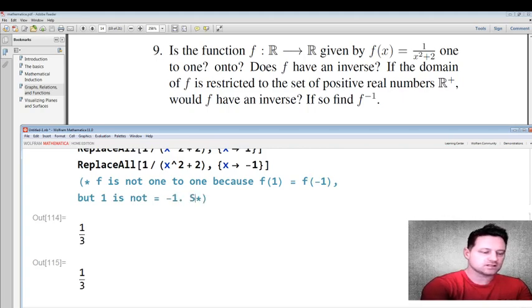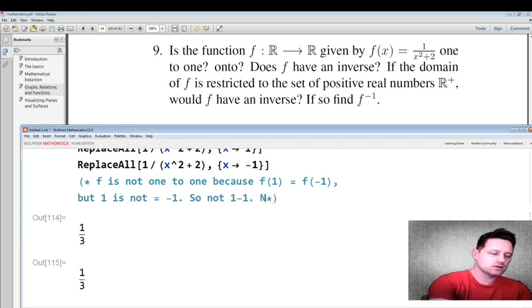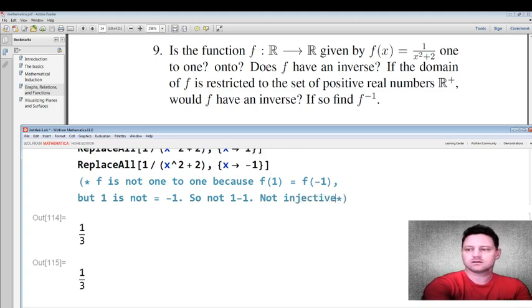Okay, so not one-to-one. This is a shorthand for one-to-one. Another word for one-to-one is injective. Let's write not injective.